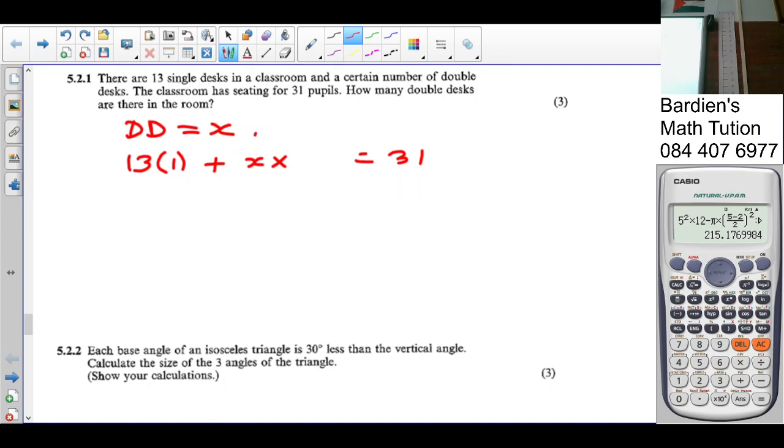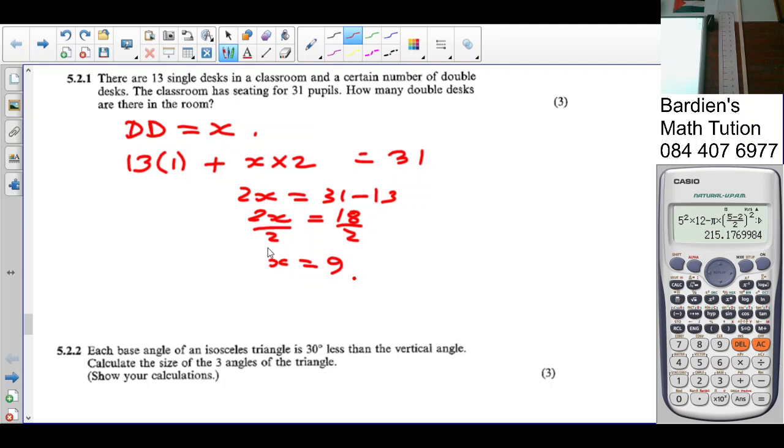So x times 2 is 2x. You see that, people? So 2x equals 31 minus 13. What's 31 minus 13? 18. Divided by 2. So x is 9. So there are 9 double desks in that classroom.